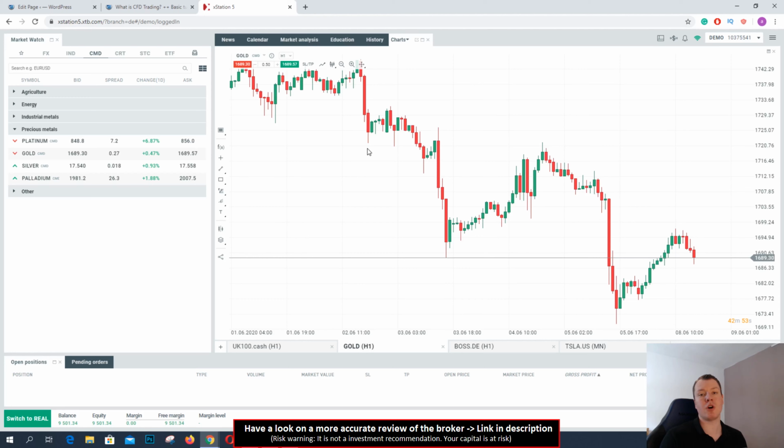CFDs means contracts for difference, and this is just an over-the-counter trading contract. It's sold by the broker to you, and behind the broker there is most of the time a big liquidity provider like a big bank or a market maker with a license.